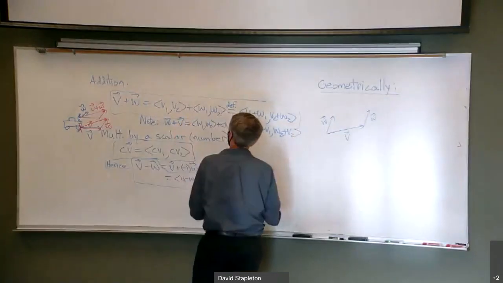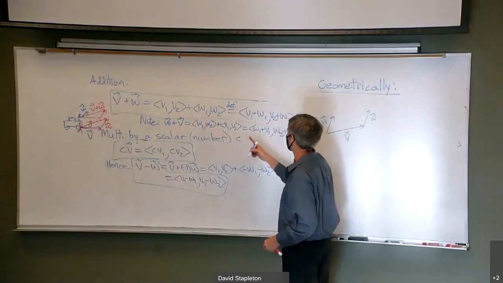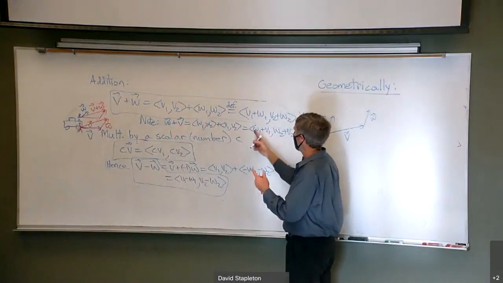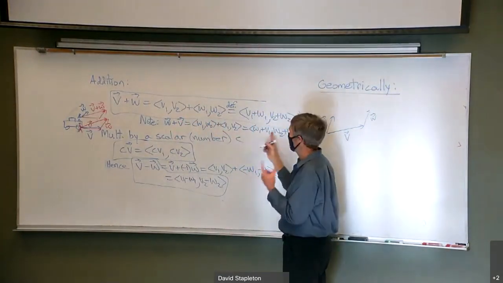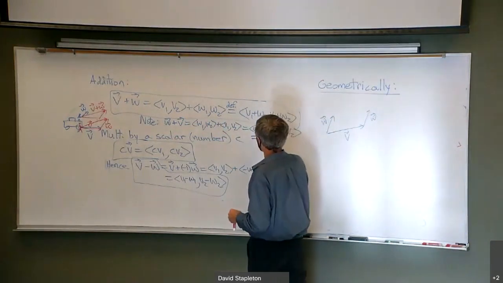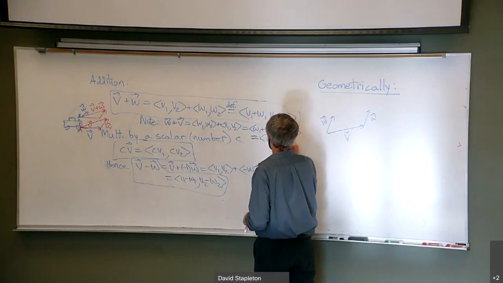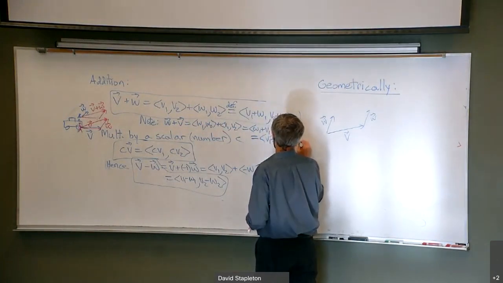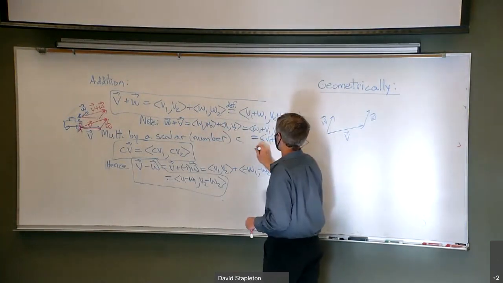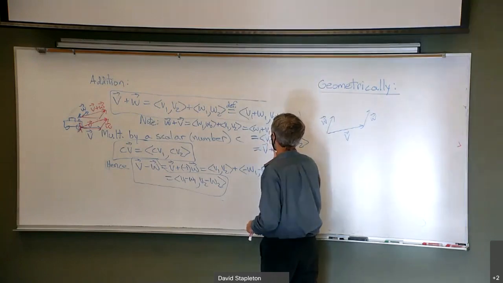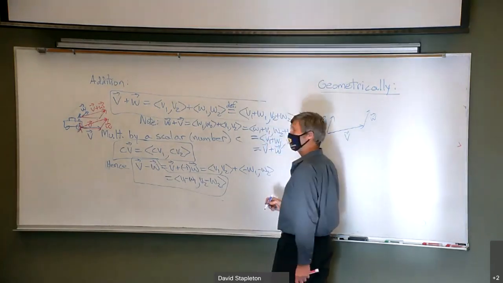So by definition of addition, adding in the opposite order gives you this vector. But now the components are just numbers. From arithmetic, we know we can add numbers in either order. v1 plus w1, v2 plus w2 is then equal to this. And all that's just v plus w. So there's a proof of what we call the commutative property of addition.